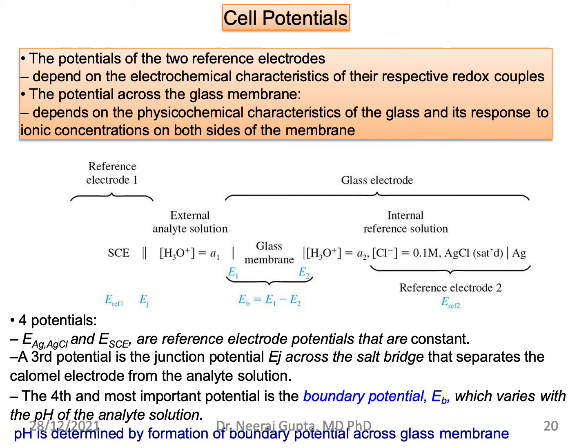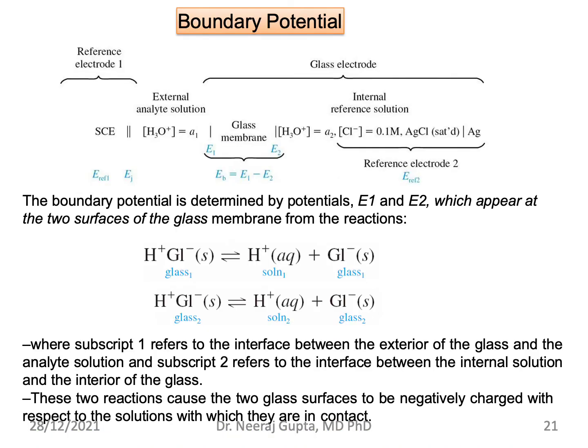A third potential is the junction potential E_J across the salt bridge that separates the calomel electrode from the analyte solution. And the fourth and the most important potential is the boundary potential, which varies with the pH of the analyte solution. Now pH is determined by the formation of the boundary potential across the glass membrane. The boundary potential is determined by the potentials E1 and E2, which appear at the two surfaces of the glass membrane from the reaction.